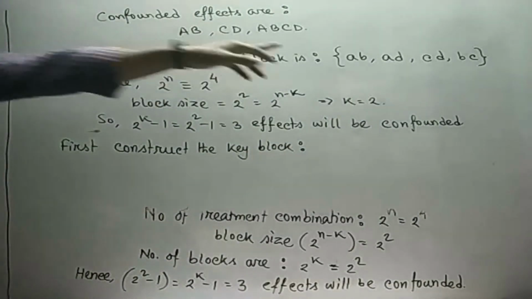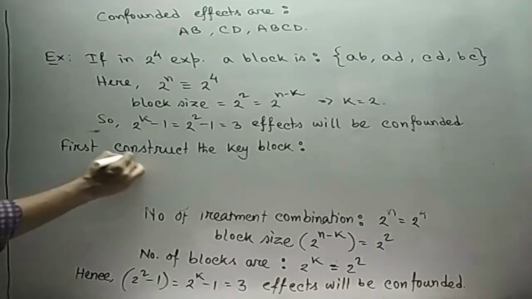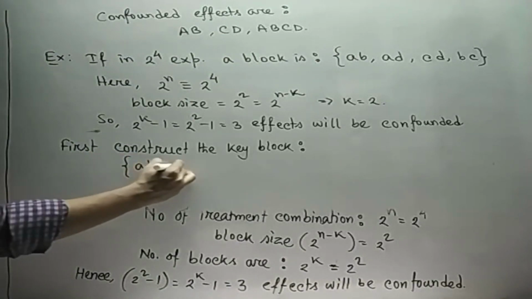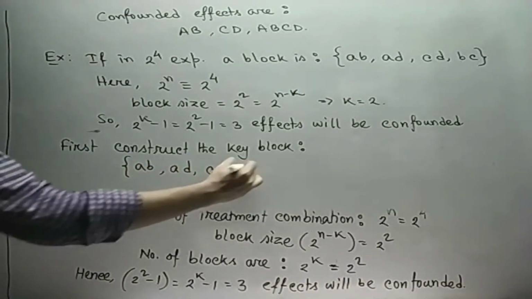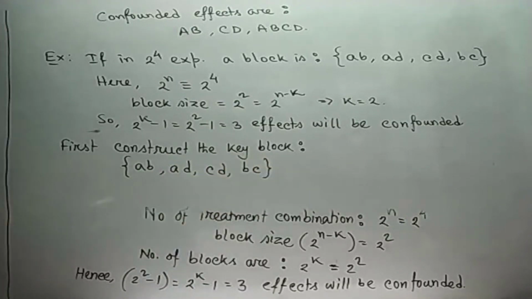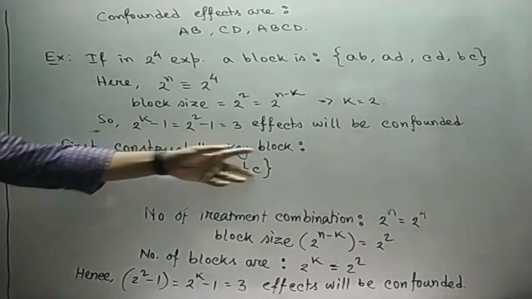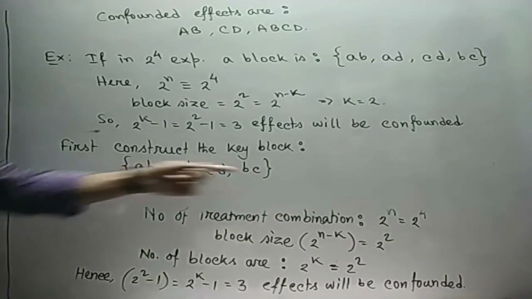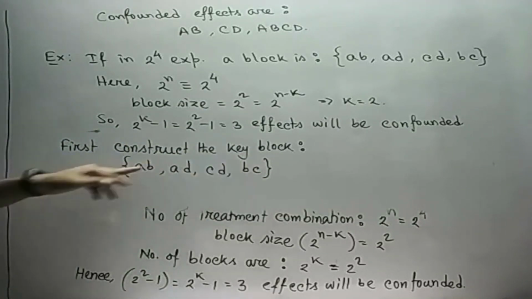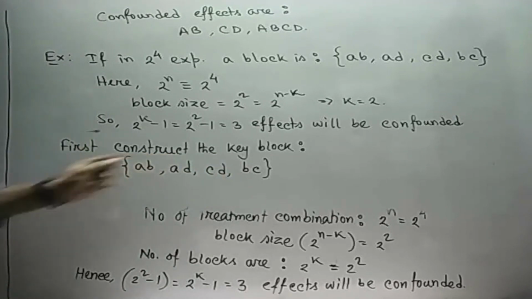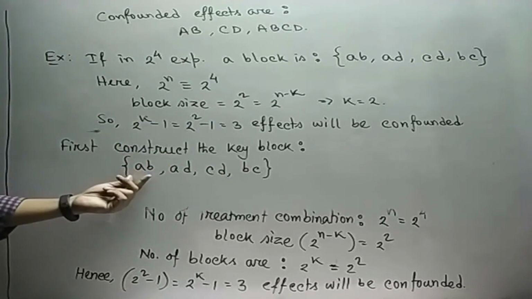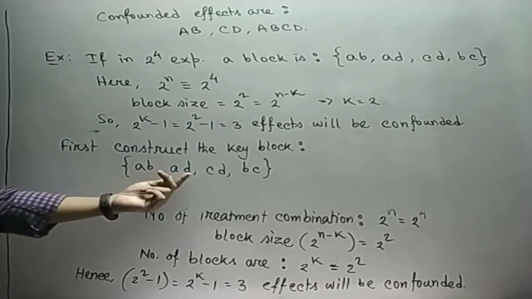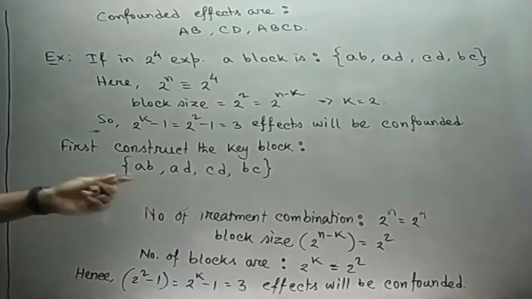Here the block given to us is AB, AD, CD, BC. If any block of this type is given to us, the easiest way to construct the key block is to multiply each and every member by any one of them. So let's choose AD. We multiply each one of them by AD.